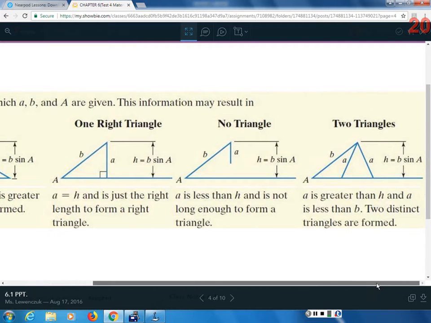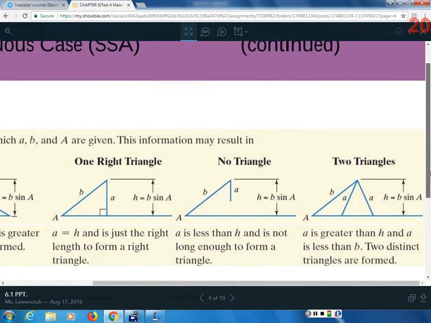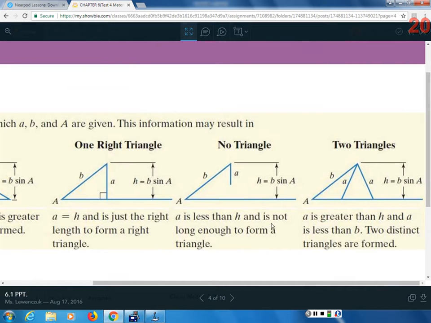And you can get two triangles in this case. If A is greater than H, but less than B, two distinct triangles are formed. And you're going to be able to tell, if you take the inverse sine of something and you get an angle that won't work, you'll know.